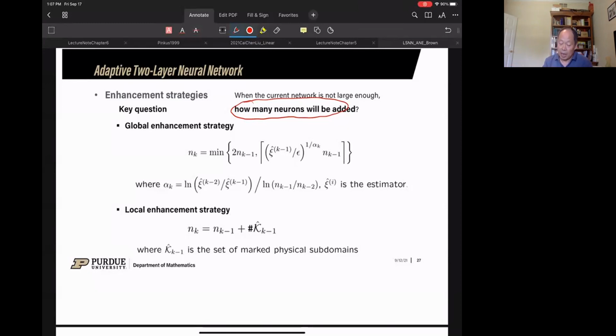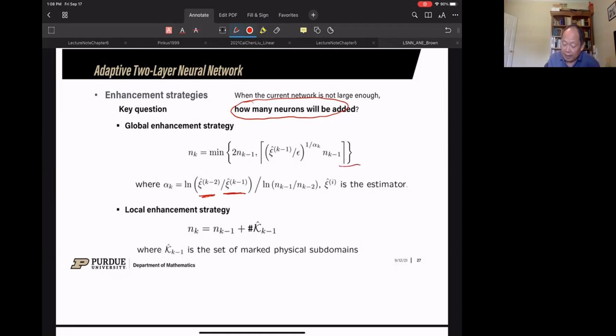Basically, we have a formula to compute that, based on the error estimation at the current step and the one before that. We use that information to give us some rate of convergence, and then we can come up with the number.